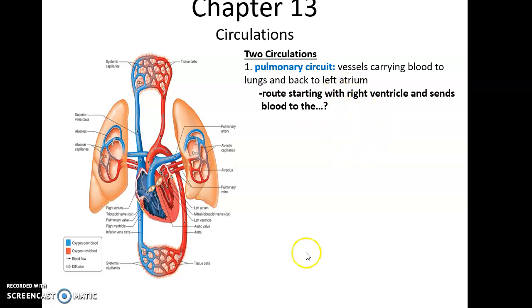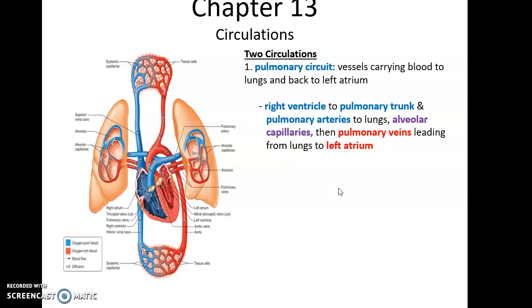There's the pulmonary circuit. This is where the vessels are carrying blood to the lungs and then back to the left atrium. Starting out with the right ventricle that sends blood to the pulmonary trunk, sends blood through the pulmonary arteries into the lungs, and then they go through blood vessels and get smaller and smaller, and then the capillaries where the exchange occurs, and then via the pulmonary veins back to the left atrium.